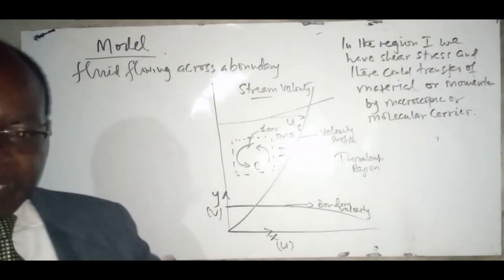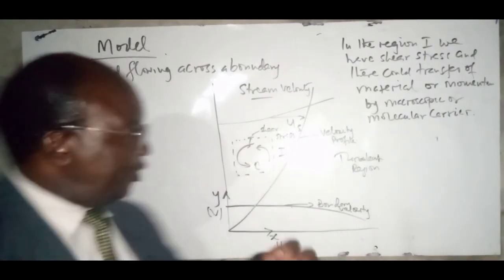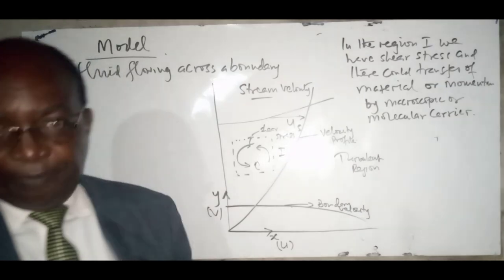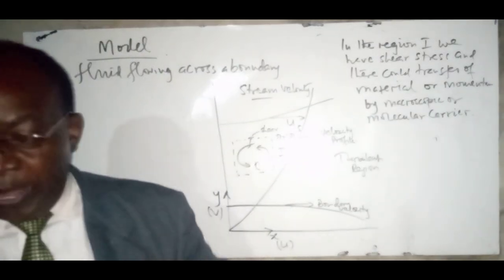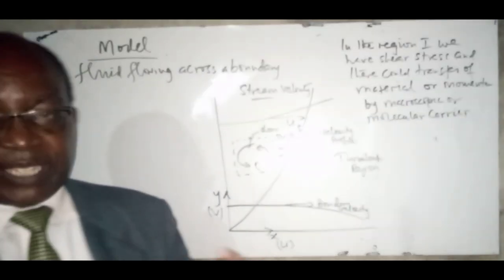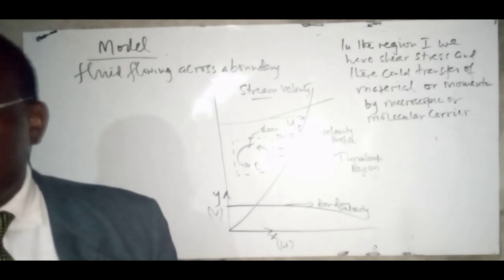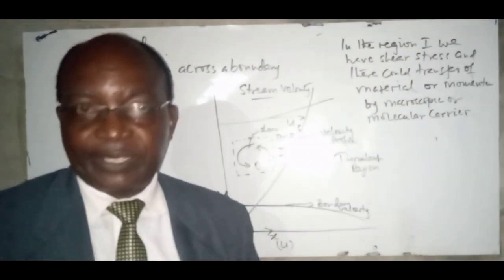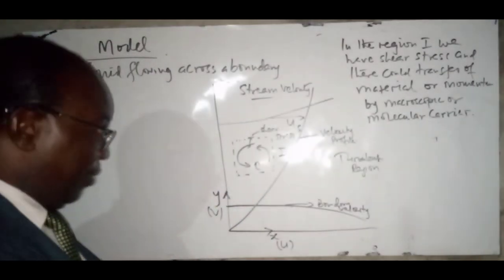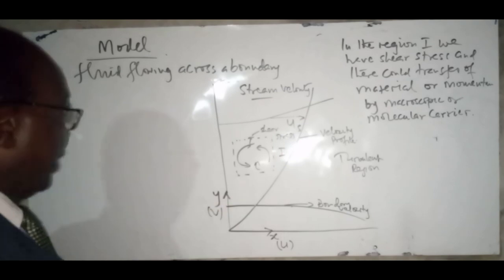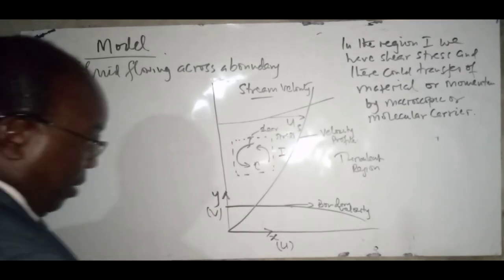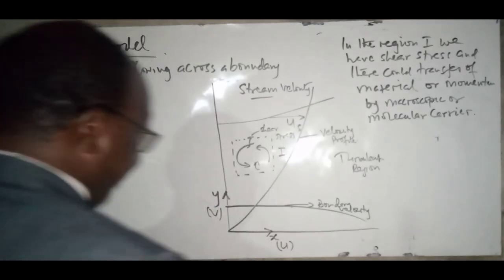And so, what did we say? Then it means that stress in this region is twofold. We have that as a result of viscous forces and that as a result of shear stress. We developed that concept when we were talking about the turbulent boundary layer.